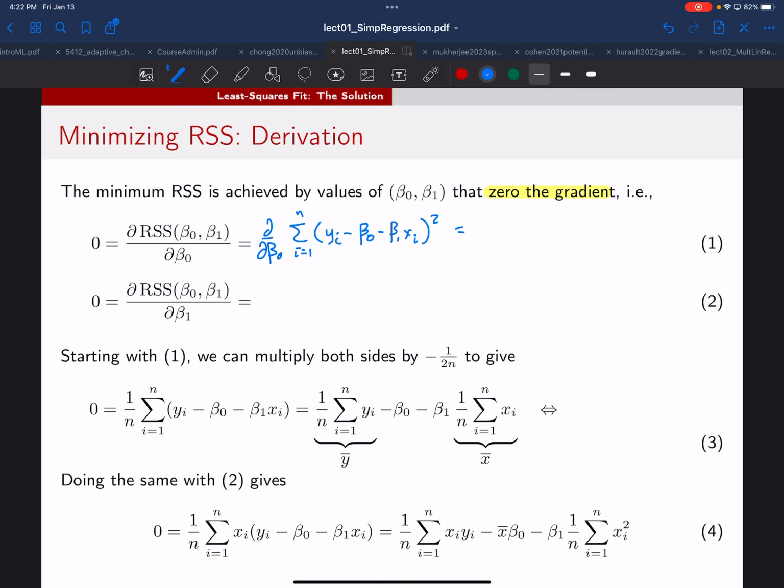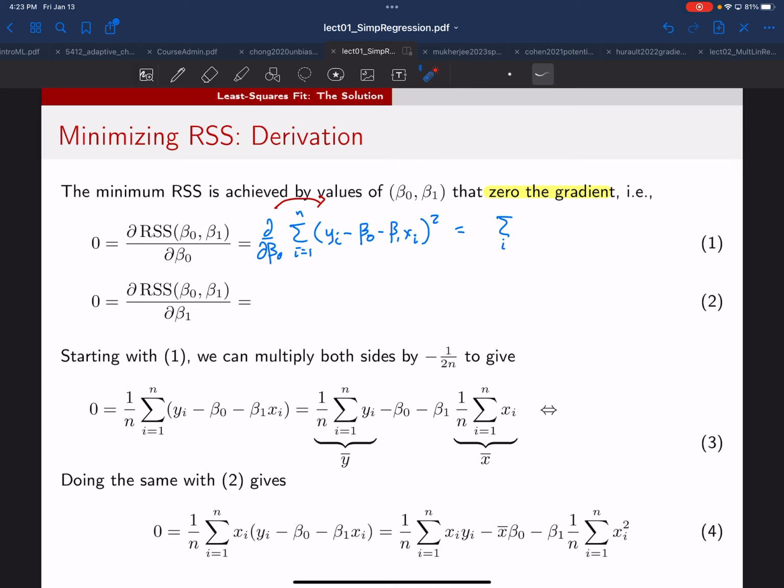The first thing to remember is that differentiation is linear. It's a linear operation. That means that you can move it through summations and you can move it through scalings. So we can essentially move this through the sum and say that we're going to have the sum of the partial derivatives of this thing. That's what I mean by moving through the sum.